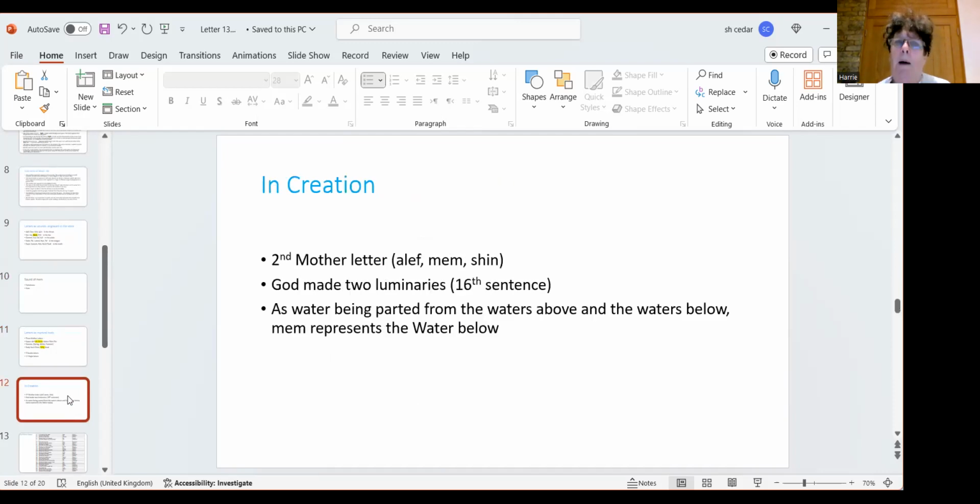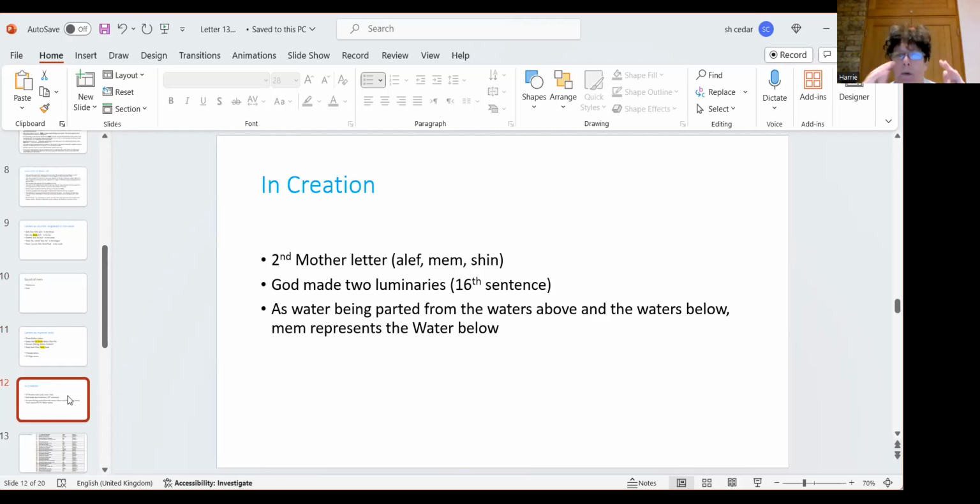And finally, it also comes up in that tale of creation that the 22 letters and the 10 sephirot that we talk about in the Kabbalah are assigned different sentences in the first 32 sentences in creation. And so the second mother letter, Aleph Mem Shin, being the 3 mother letters, is given the sentence, God made the 2 luminaries.